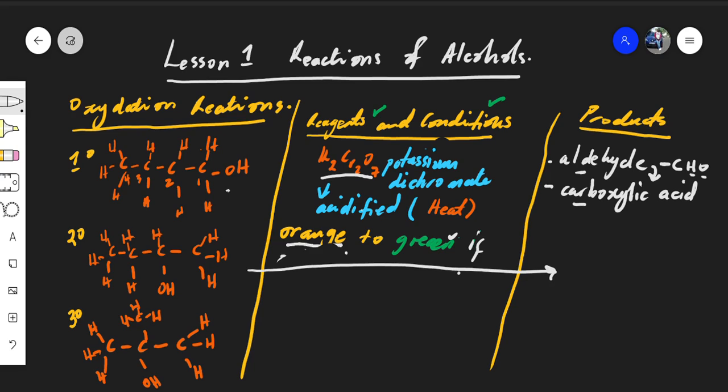Now, what happens to this then? If you oxidize it, it is going to oxidize to a ketone. So a secondary alcohol is oxidized to a ketone, and ketones cannot be oxidized any further. So ketone.